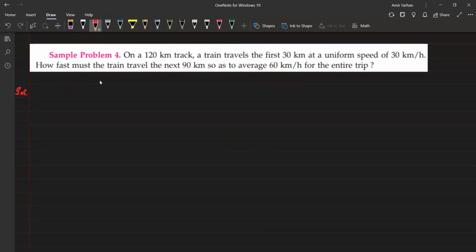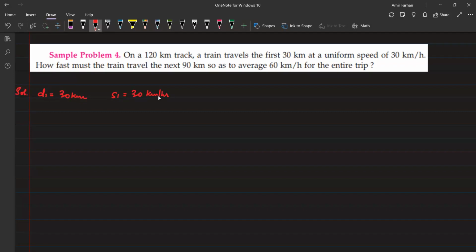So the question is saying that a 120-kilometer track is there and the train travels the first 30 kilometers at a uniform speed of 30 kilometer per hour. So the first distance, distance 1 covered by the train, is 30 kilometers, covered with the speed of 30 kilometer per hour.